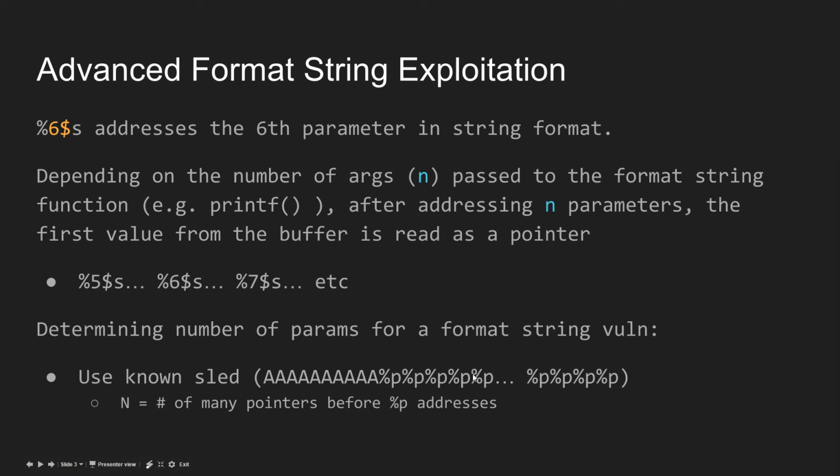And once you get the %p, or you could use %x to just print out the hex values, once you find your target, then calculating this precise addressing is simply counting the number of %p's or %x's that are converted before your target. So all it is the number of things up to that target, and that is n in this style of exploitation. It's pretty simple, actually.